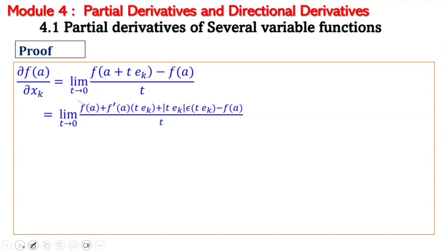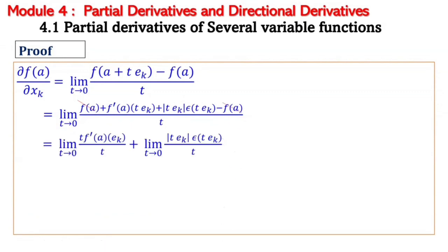So this f of a and f of a will cancel out. Then we will have here limit t tends to 0 of t f dash a ek over t plus limit t tends to 0 of t ek epsilon t ek over t. So these terms we separate. Okay, so now we'll see how the limit will look.